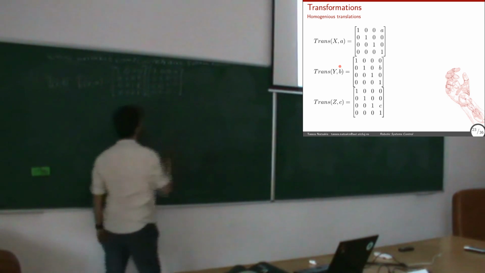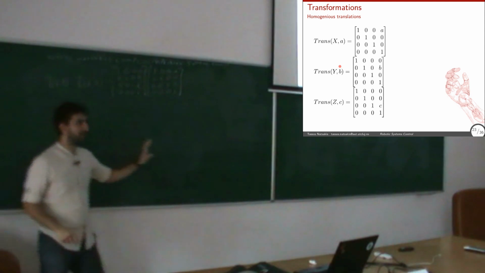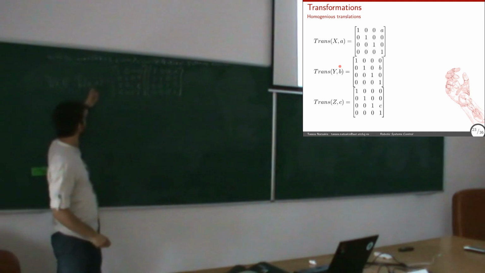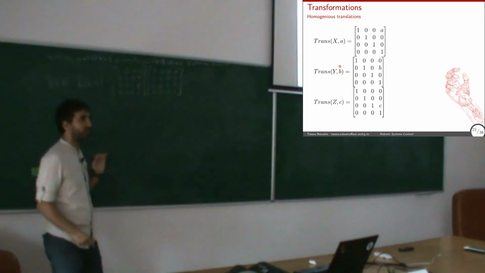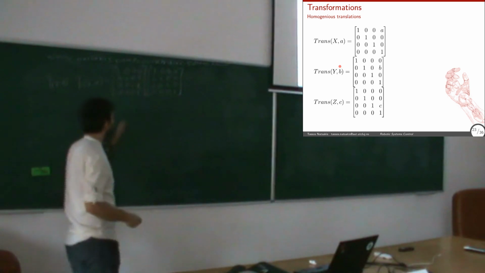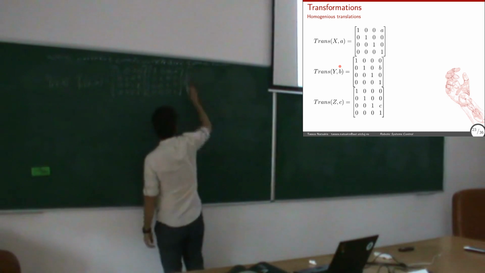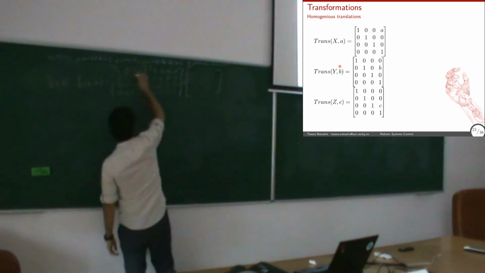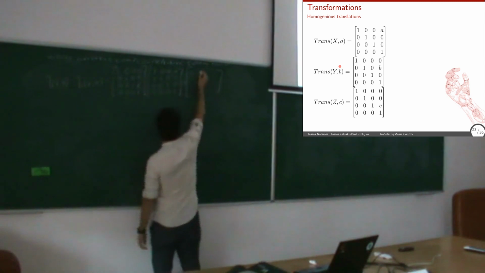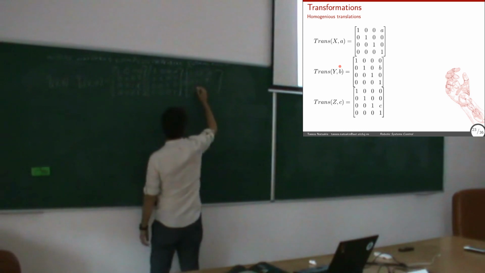So what will be the result of these two, first translating on z by beta, and then on x by alpha. So I first move up and then on x by alpha. Can you do the multiplication fast? First row, first column, 1, first row, first column, 0, 0. Basically this will be this.